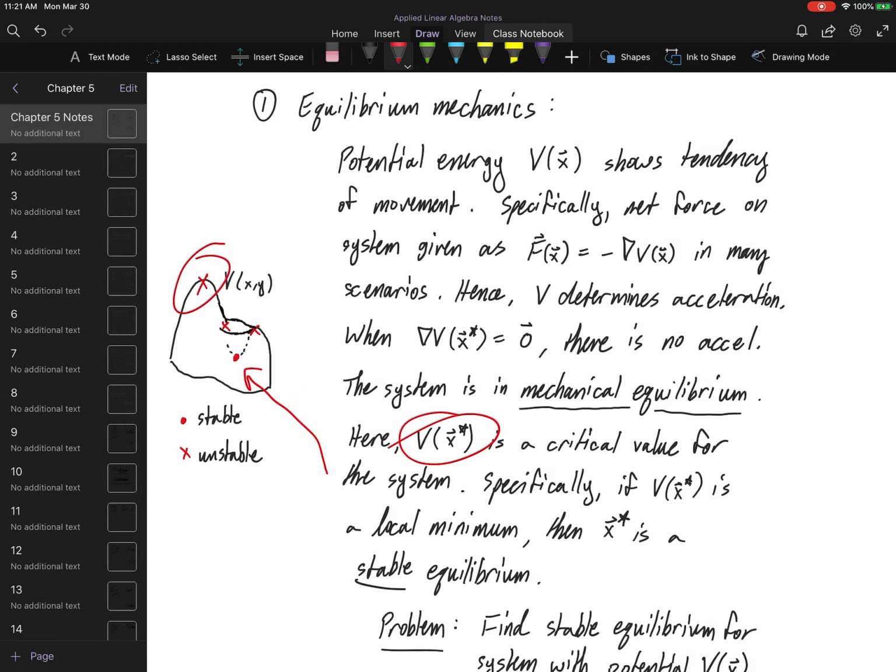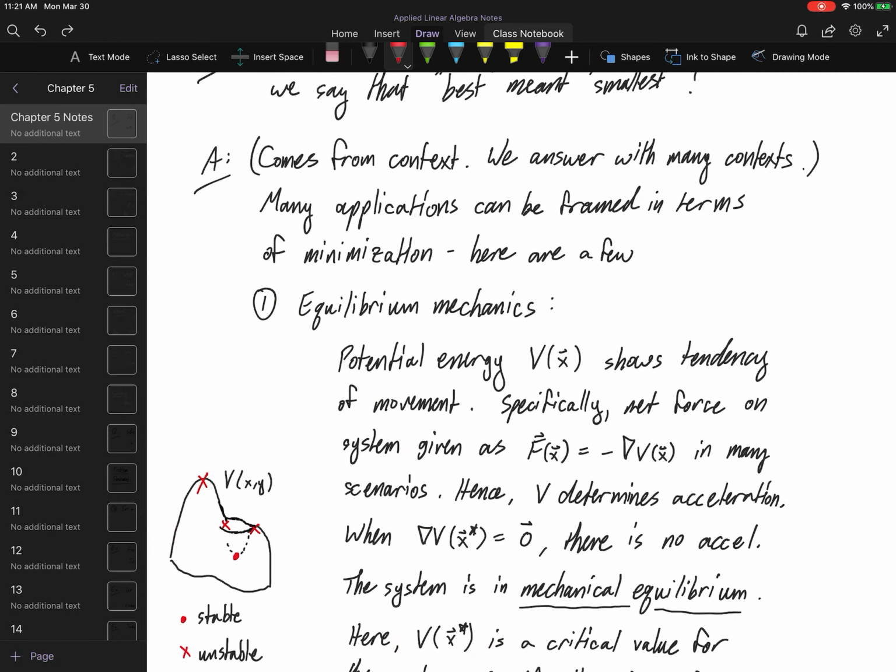Compare that against the top here. Any direction I move is technically going to be downhill, and there are some directions on this little hill that are going to move uphill, and others that still can move downhill. So the x's in this diagram correspond to critical points or equilibria that are unstable.